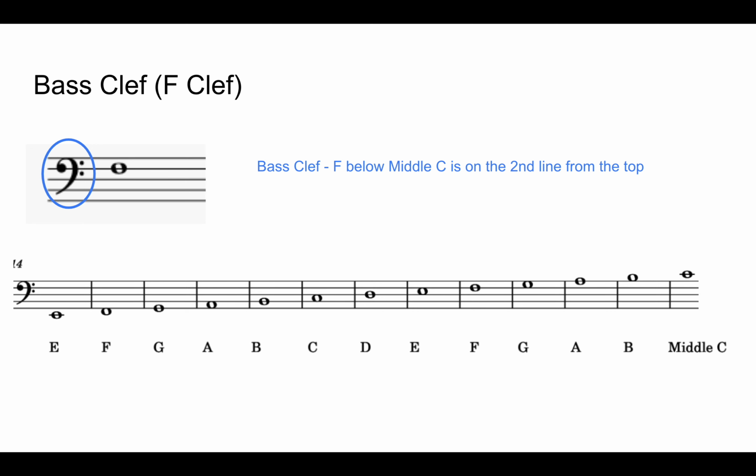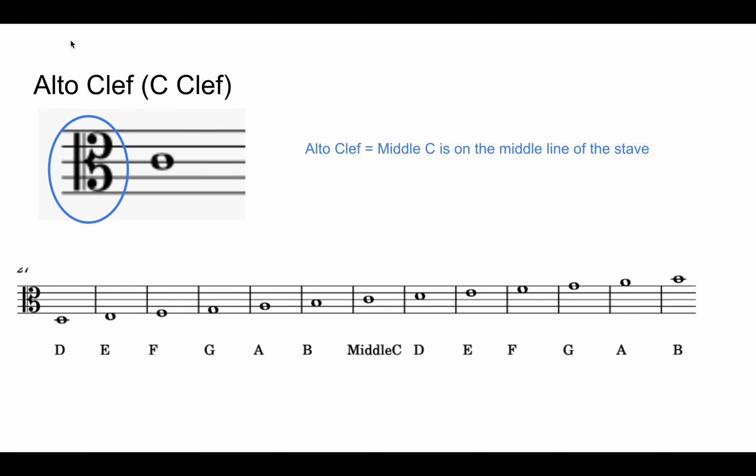Right, so those are the 2 most common types of clef. You're very often going to see either treble clef or bass clef in music that you look at. But there are 2 other clefs that are not so common but do occur on a regular basis. So let's have a look at those 2 now. The first of which is alto clef.